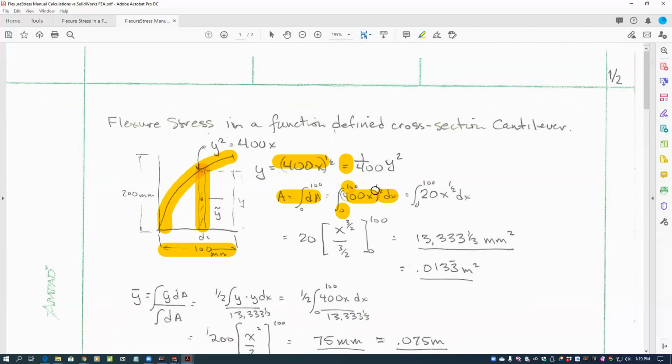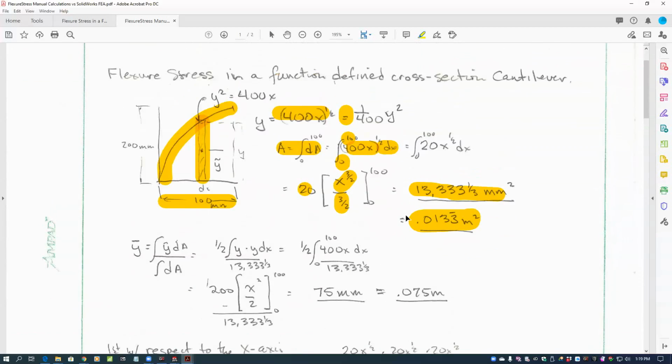So square root of 400 is 20, and then x to the 1/2 becomes 20 x to the 1/2, integrating that becomes x to the 3/2 over 3/2 from 0 to 100 is 13,333 millimeters, or because there are a million millimeters square in 1 meter square, or 10 to the 6th millimeters square in 1 meter square, move it over 6 decimal places, and it would tell us the area in meters square.